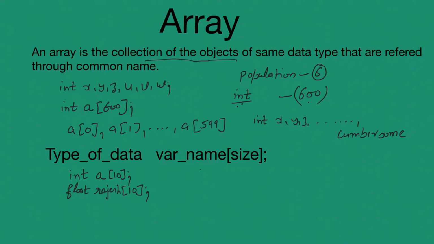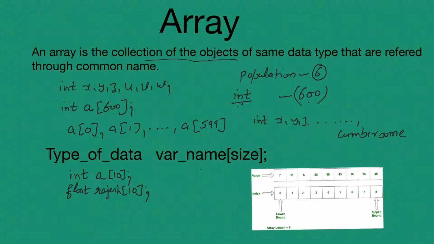Now next we should learn how to access the elements of the array. We have declared the array here. So how is that array allocated memory and how are its elements accessed, that we will see. Once the array variables are declared, like for this example int a[9], this is the array having name a and its size is 9. So it is allocated contiguous memory locations, adjacent to each other.